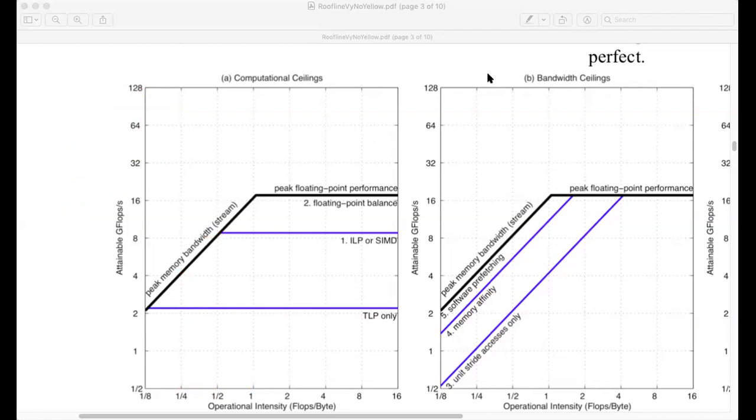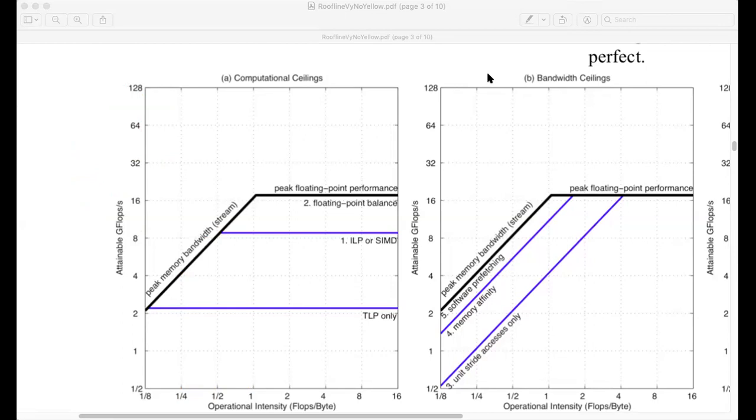So now we talked about optimizations to lift the compute roof up.